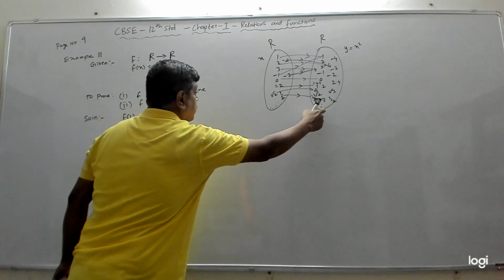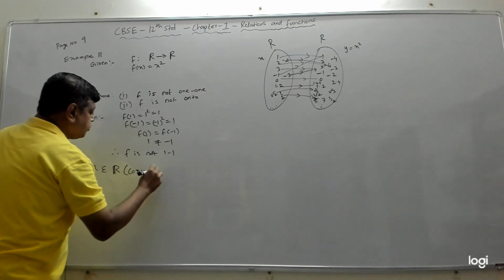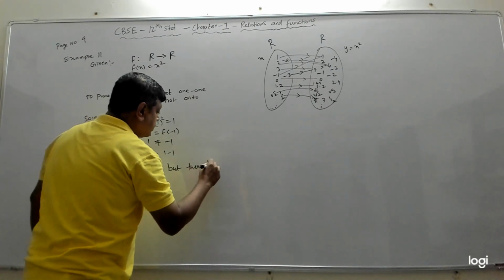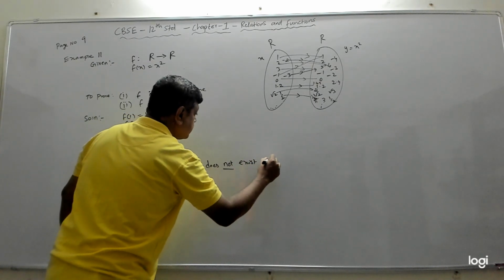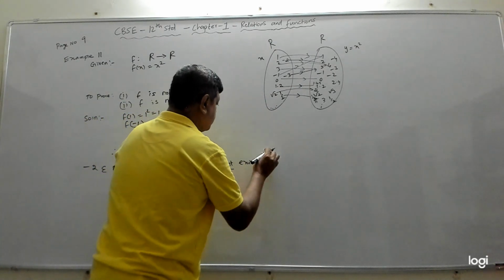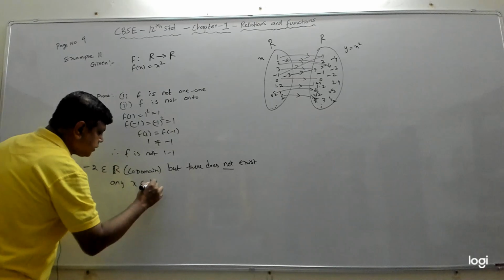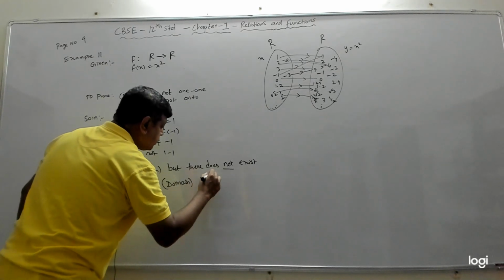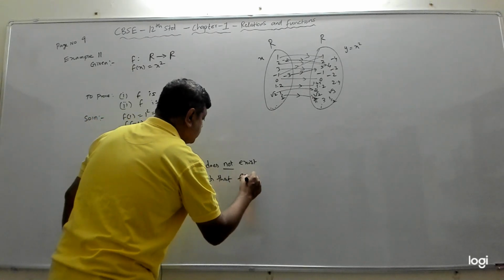This R is our codomain. -2 belongs to our codomain, but there does not exist any x belonging to the other R, which is the domain, such that f of x is equal to -2.